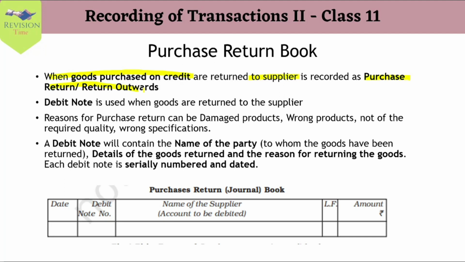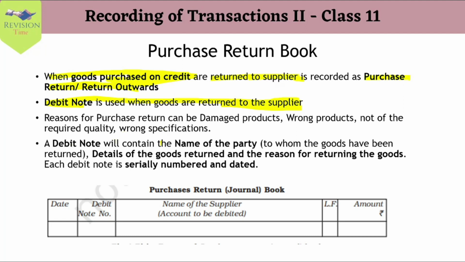Reading it again: goods purchased on credit are returned to the supplier and are recorded in the purchase return or return outwards book. A debit note is used when goods are returned to the supplier. When we return goods to the supplier, a business issues a document called a debit note. Reasons for purchase return can be damaged goods, wrong products, not of the required quantity, or wrong specifications.